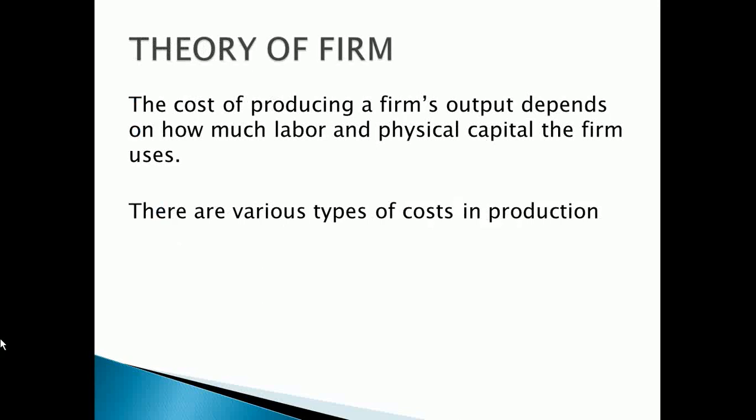The following are the types of costs in the short run. 1. Total fixed cost. These are costs that do not vary with the level of output, such as rent or salaries. The slope of the fixed cost is horizontal because it is a type of cost that does not change. It remains static.